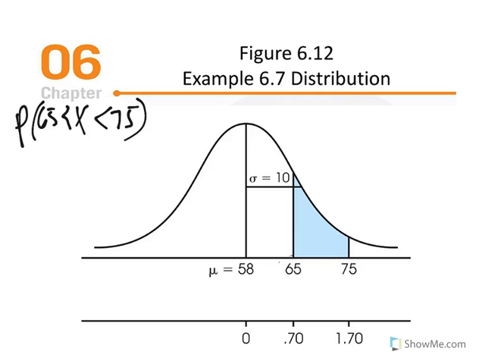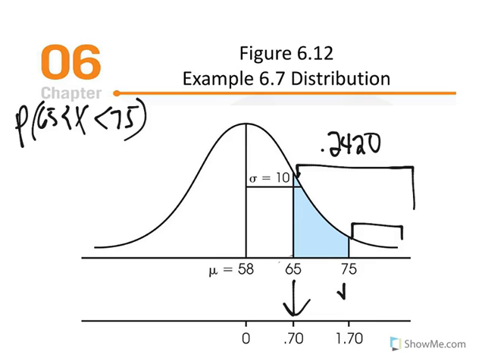So we found that from here to here, the tail for the score of 65, or z-score of 0.7, that's the larger proportion of the two, was equal to 0.2420. And then this tail here corresponds to x value of 75 and a z-score of 1.7, was equal to 0.0446.